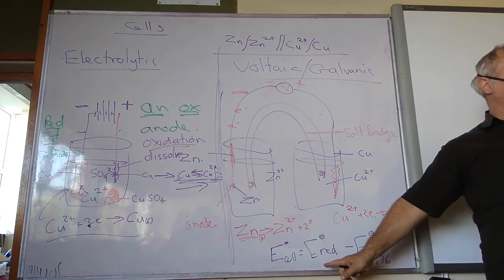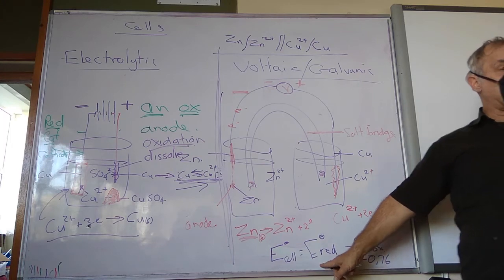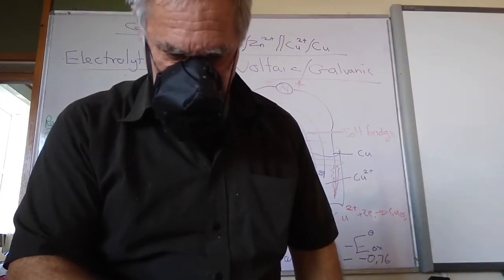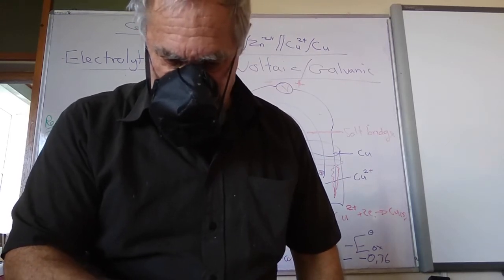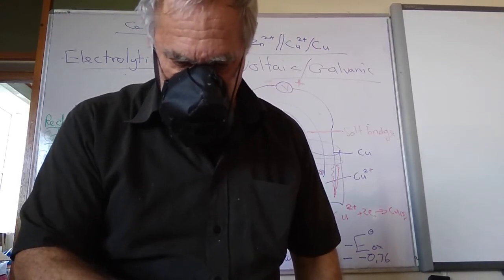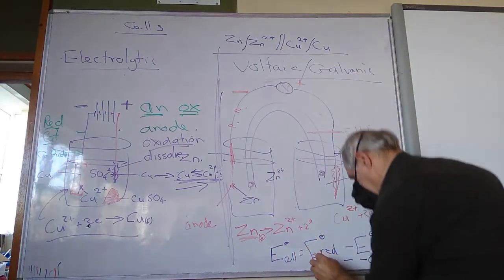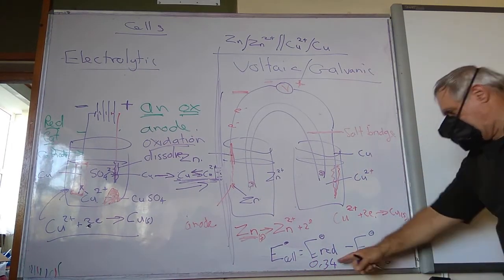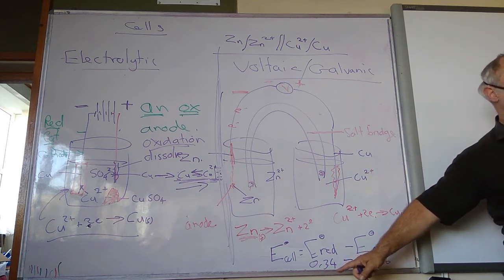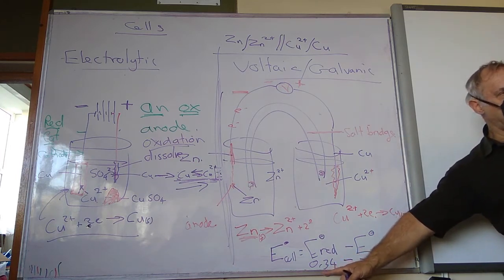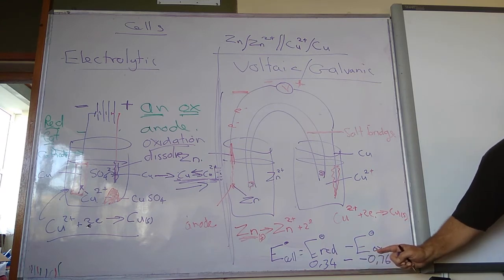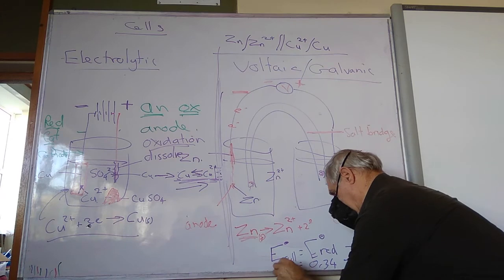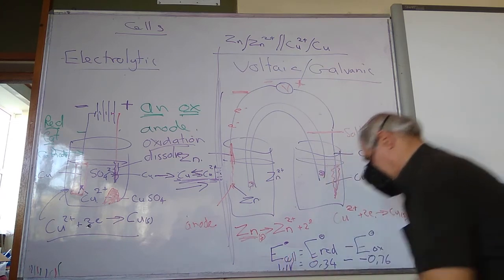Find the copper half reaction on your table. Remember, that was the one with copper metal and copper 2 plus. That was 0.34. So what is 0.34 minus 0.76? And remember, it came to 1.1 volts.